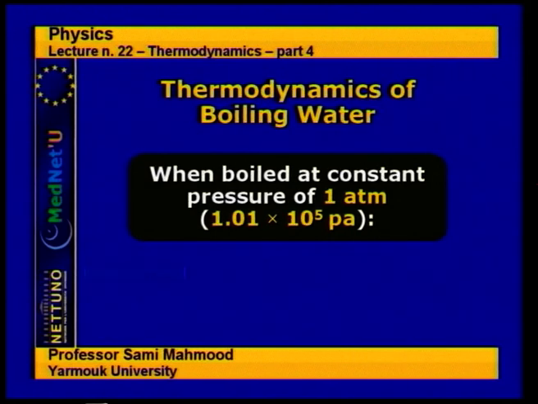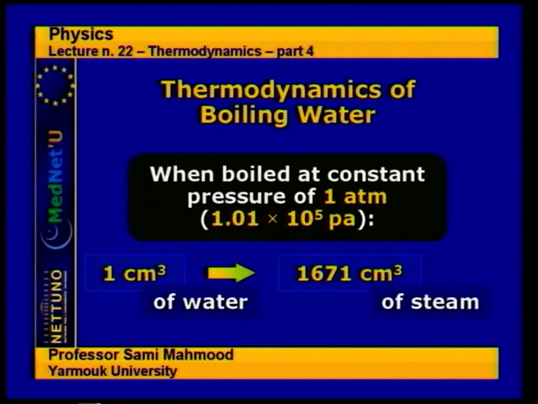This is atmospheric pressure. 1 gram of water, pure water, has a volume of 1 centimeter cube, and as it evaporates into the gaseous state, steam, the volume of that 1 gram of water is simply 1,671 centimeter cube.